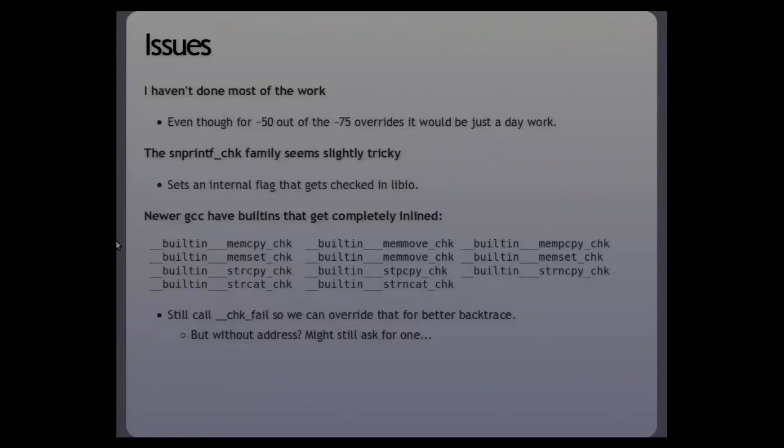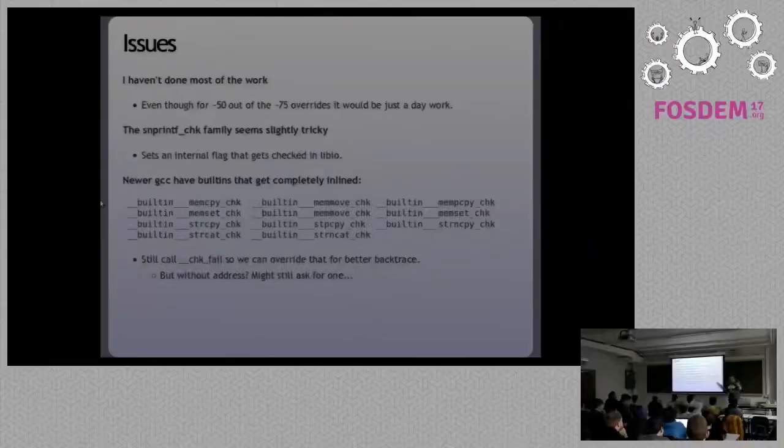So the issue is I haven't done most of the work. There are 75 check functions in glibc, and about 50 of them are like get current working directory. So instead of doing this presentation, I could have actually done that.